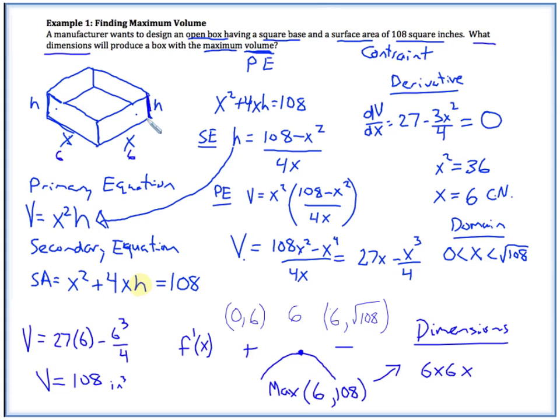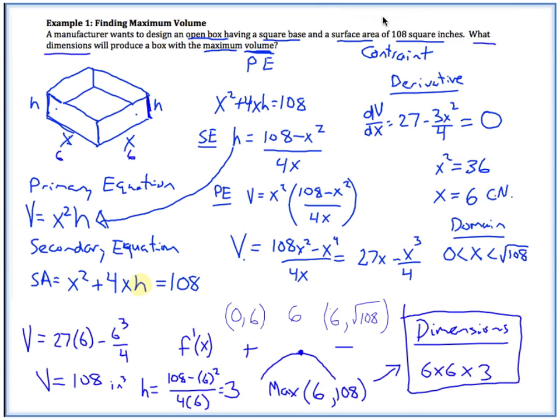To find the height, we have to come back to our secondary equation right here, h equals 108 minus x squared over 4x. So let's do that right here. h equals 108 minus 6 squared over 4 times 6, and we get a height of 3. So the dimensions of the box are 6 by 6 by 3.